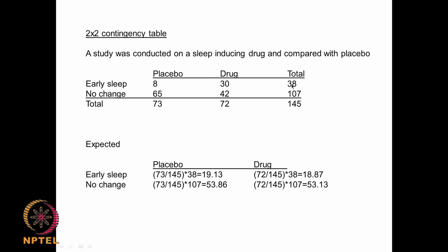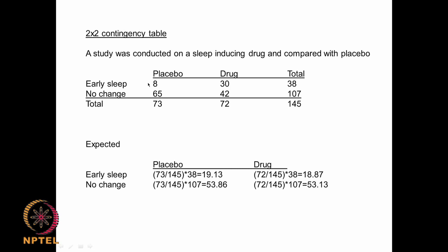So, it was tested on different groups of people, as you can see the numbers do not add up. But with the chi-square distribution it does not matter, even if the numbers do not add up, that means 2 sets of samples on which it was tested, and the placebo was given to 73 people, the drug was given to 72 people. So, we can still do a chi-square test without any problem.